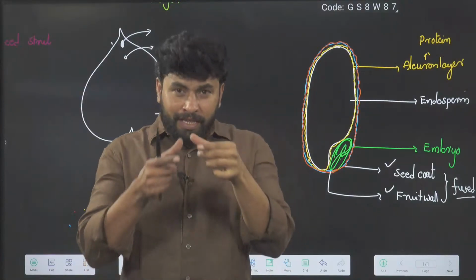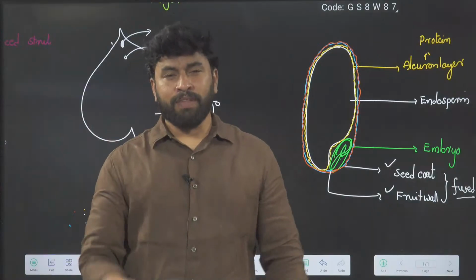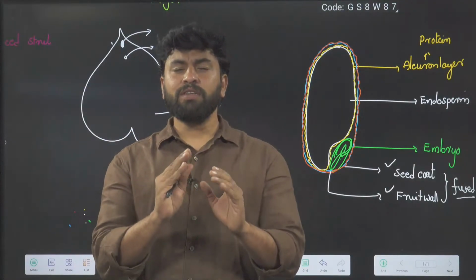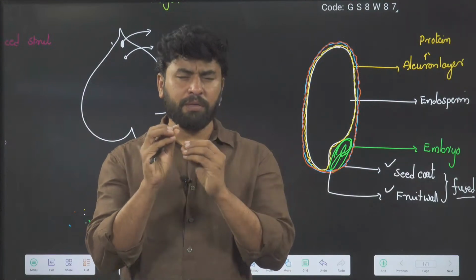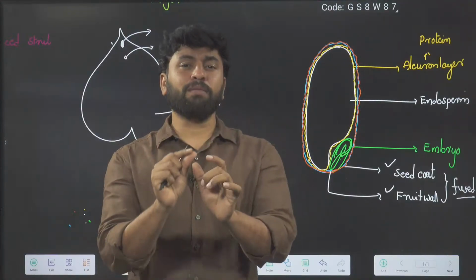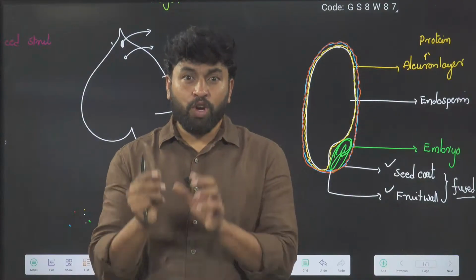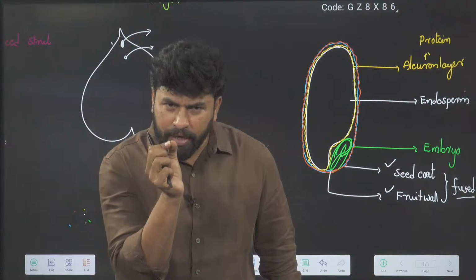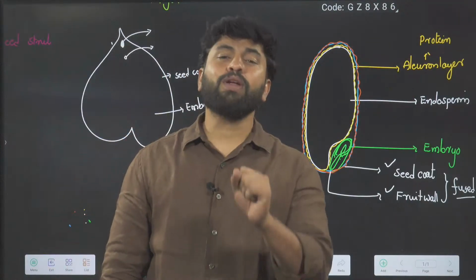The pod, which we break to get the seeds, that is the fruit. Around the seed there is the brown or whatever color you can see there. Sometimes it is lightish pink, sometimes brown, a variety of colors. That part is nothing but seed coat. If you remove the seed coat, directly what do you get? Cotyledons. If you open the two cotyledons, between them a minute knob-like structure is present. That knob is nothing but the embryonal axis.